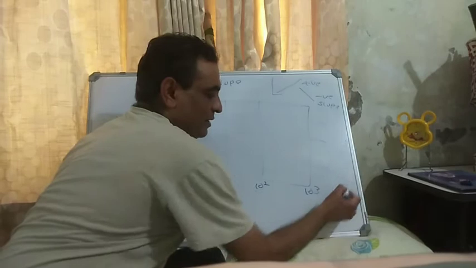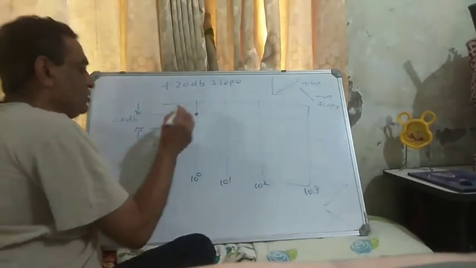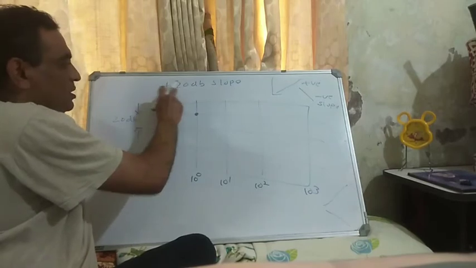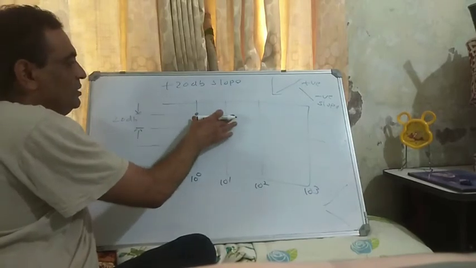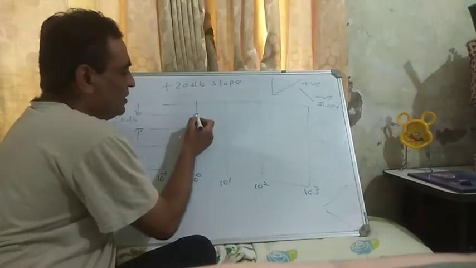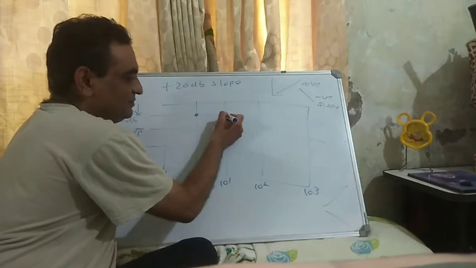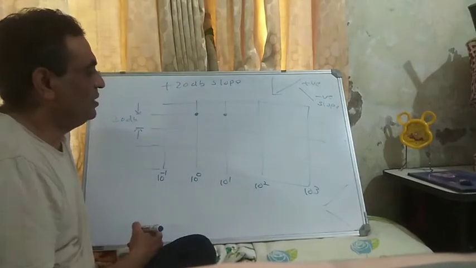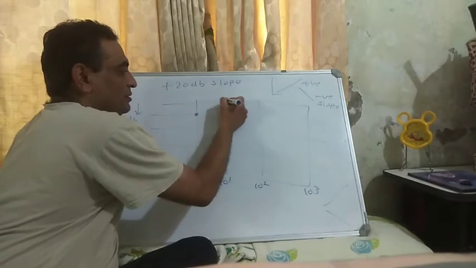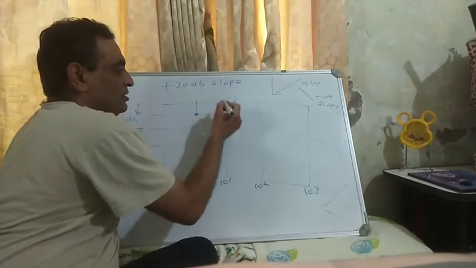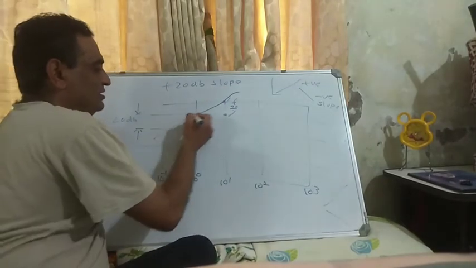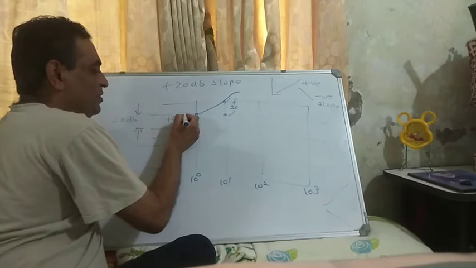It means that in a decade, the magnitude should increase by 20 dB. So from here, this is 1 decade, and the magnitude changes by this 20. Now this is the point. I will join these 2 points. This is a plus 20 dB per decade line.